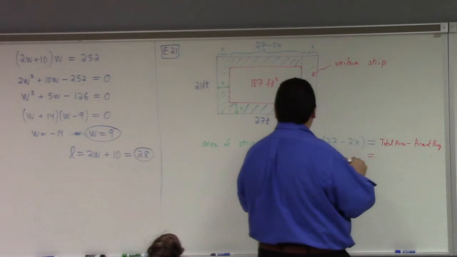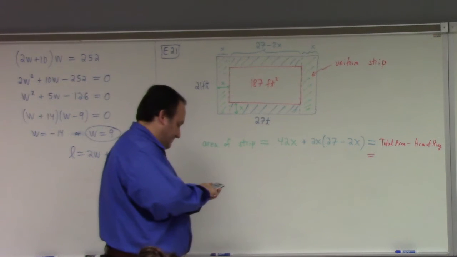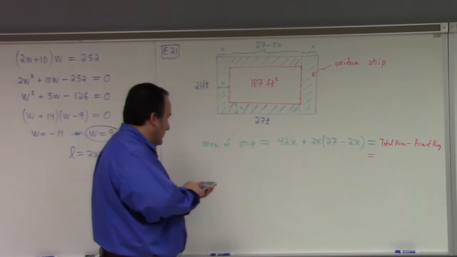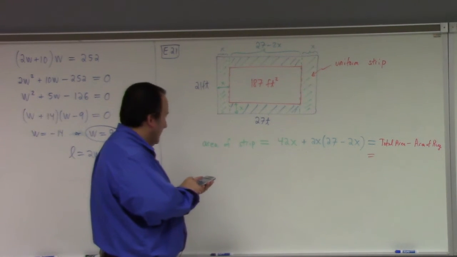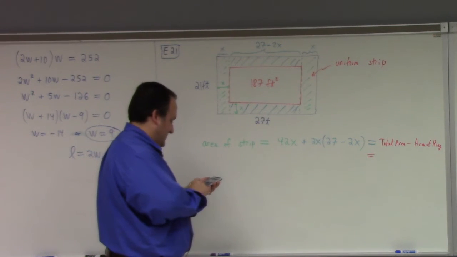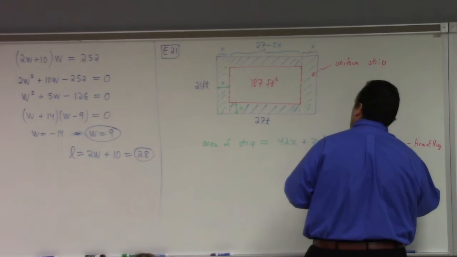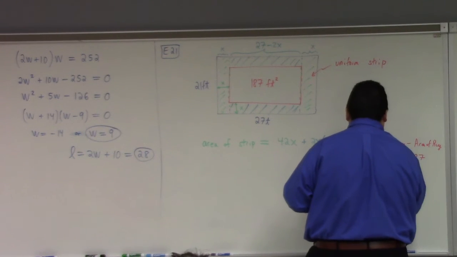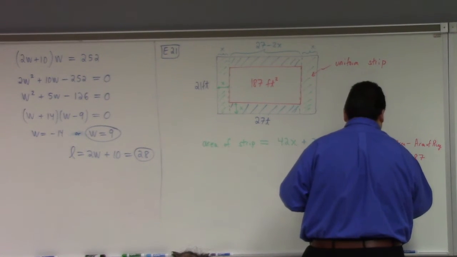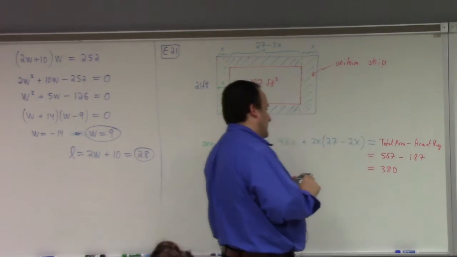So the total area would be 27 times 21. Oh, you're telling me the answer. 21 times 27. That's 567. And minus 187. And you said that was 380. I'll allow it.